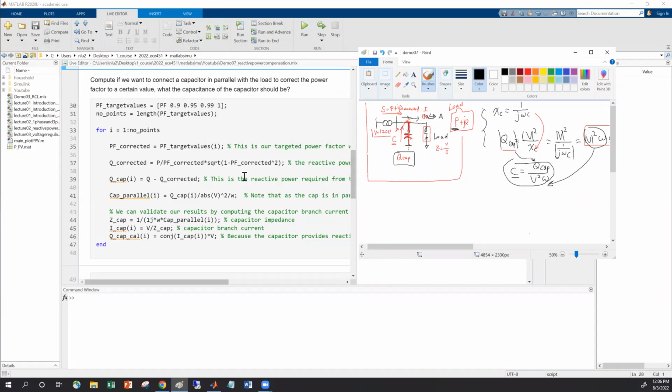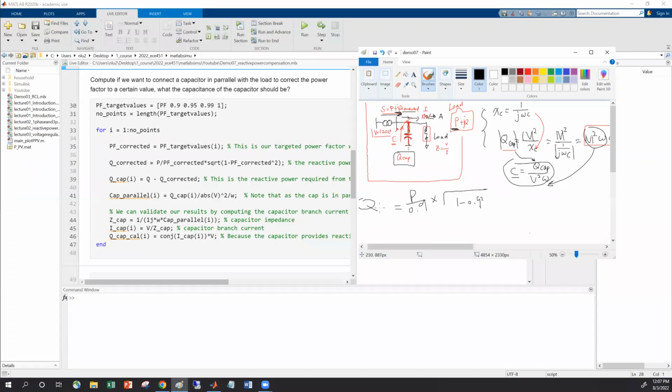If we want to compute the new power that needs to be provided by the grid, then we can just say, if the power factor is corrected to 0.9, I can simply use P divided by 0.9. That would be the new S value, and then times the square root of 1 minus 0.9 squared, and that should be the new Q needed, which is this value, okay?